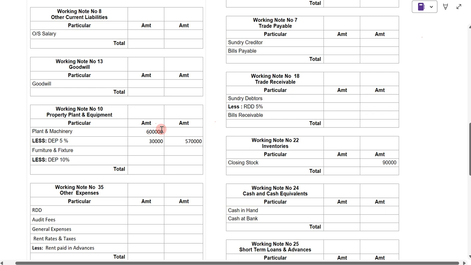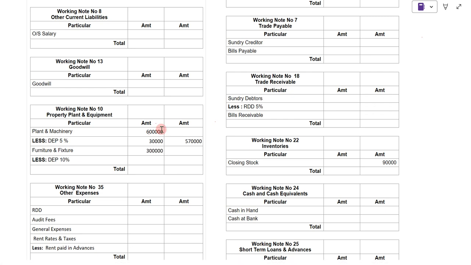Then furnitures 3 lakhs. On 3 lakhs 10% is the depreciation, so depreciation we get 30,000. 3 lakh minus 30,000, 2 lakh 70,000. Now the second effect will come in the depreciation, in note number 34.